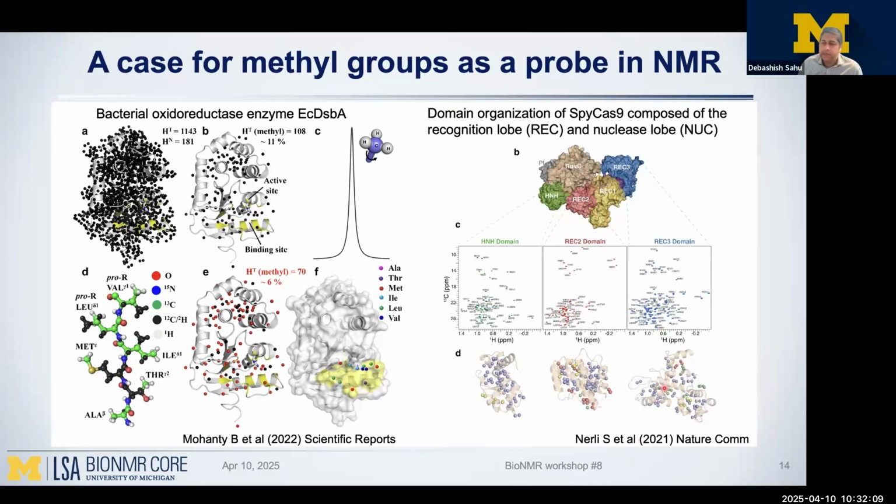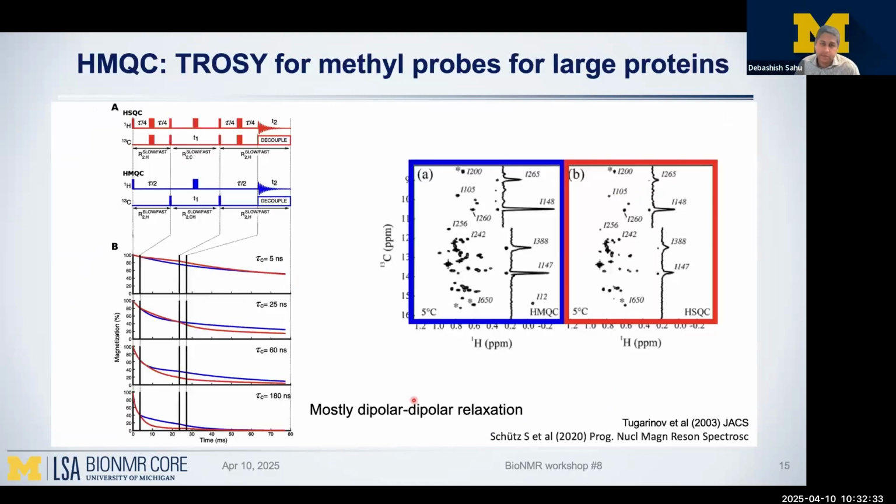This is an overall view of these two examples, showing that this is a very powerful technique. You can simplify your problem, label only one of the methyls, and get a better answer. Especially, you can look at much larger systems.